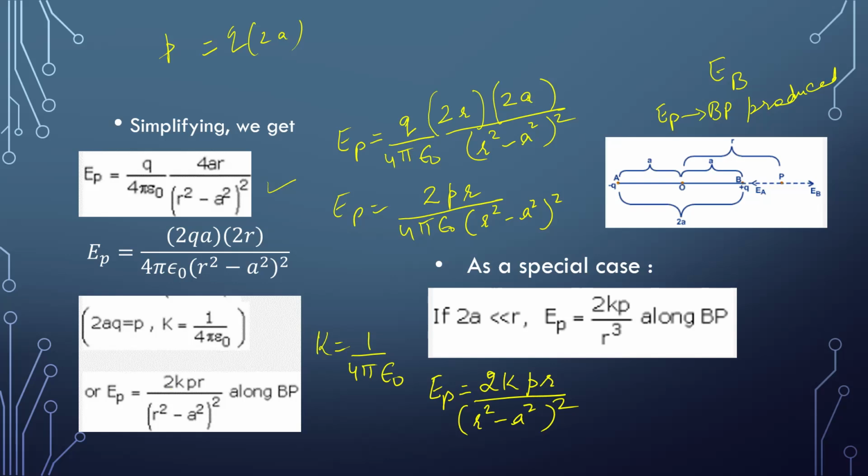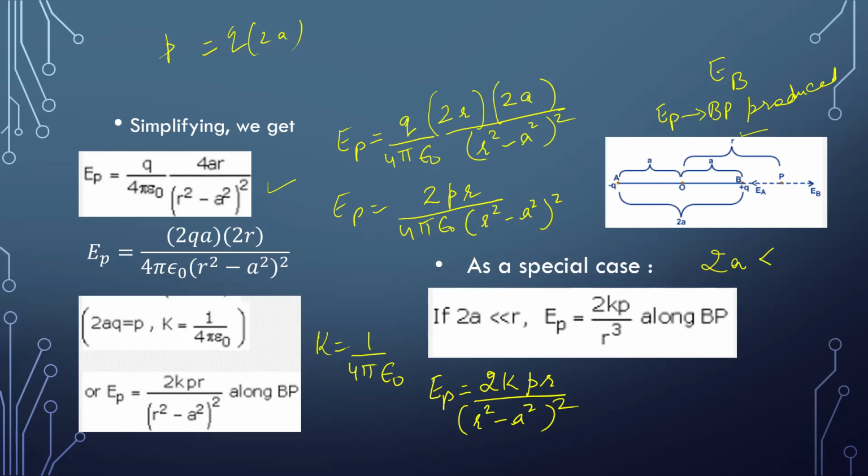Now, we have a special case related to this. What is the special case? The special case is when the size of the dipole is very small as compared to the distance r, where we are calculating the field from the center of the dipole.